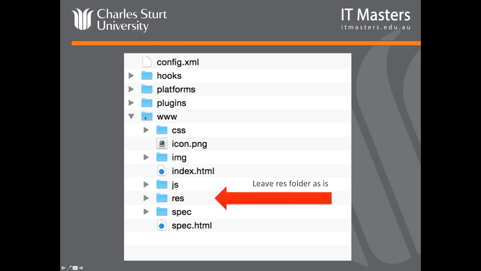And if we expand here, www, down here, you'll see these folders. We've got CSS here, images, JavaScript, resources, and then this is just a default one that's created that's specifically for Hello World. So you can get rid of pretty much everything under here apart from the resources folder.